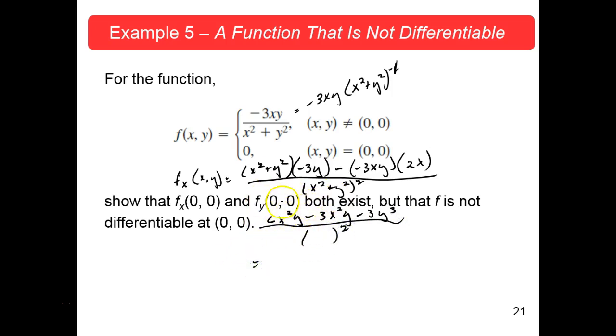Surprisingly here we have something you can subtract. That will give you 3x squared y minus 3y cubed over (x squared plus y squared) squared.